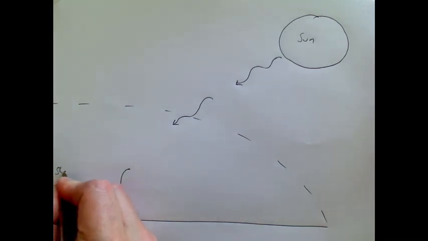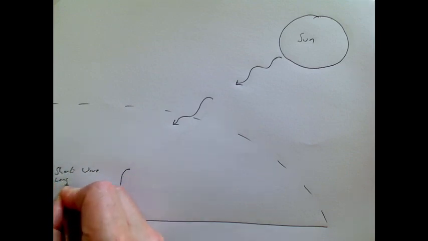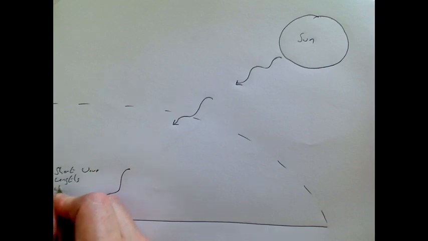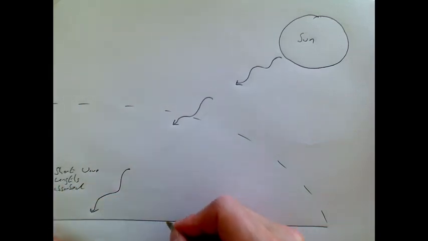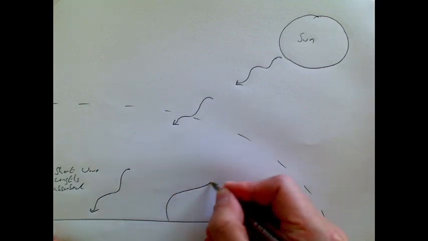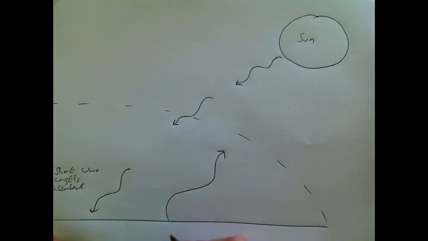So short wavelengths are absorbed by the Earth. The Earth then re-emits radiation, but with a longer wavelength. So we have a long wavelength emitted.